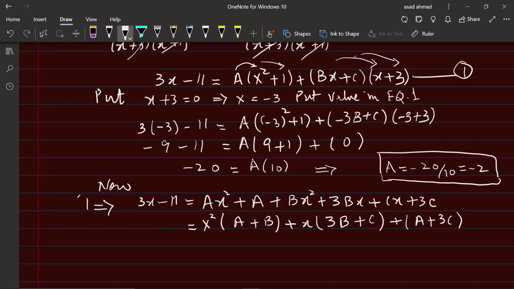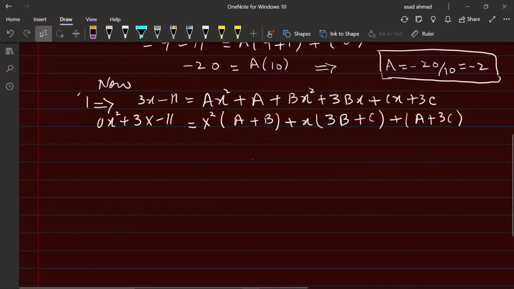On the left hand side we have 3x minus 11, right? Because we don't have any term involving x square, we simply can place it as 0x square, so that we can simply compare.